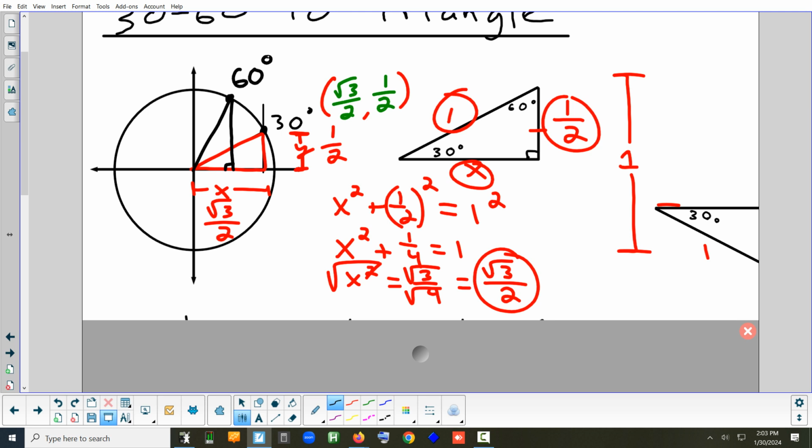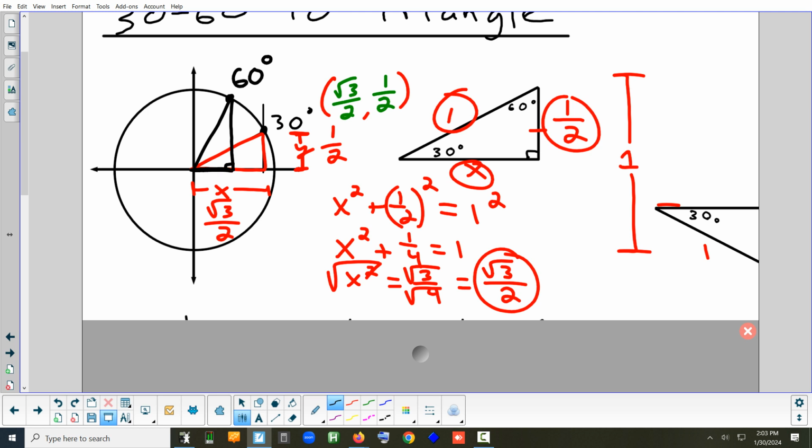The x and y swap. Yeah, the x and the y are swapped. Instead of the short side going up and down, now the short side goes left and right. And instead of the long side going left and right, now the long side is up and down. So all you have to do is remember how long is the short side and how long is the long side.